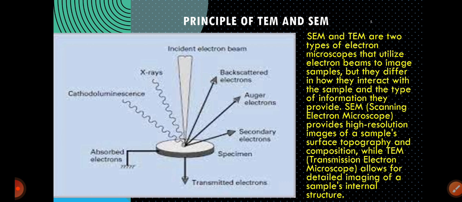Now, how to prepare this electron beam to be incident on the specimen: in an evacuated chamber, a tungsten filament is kept.